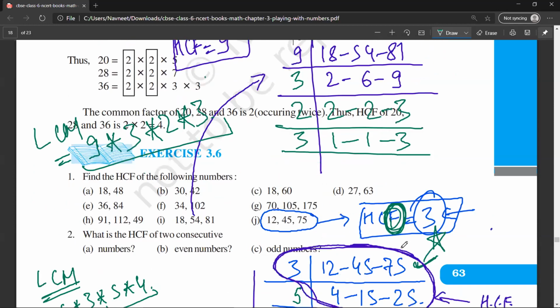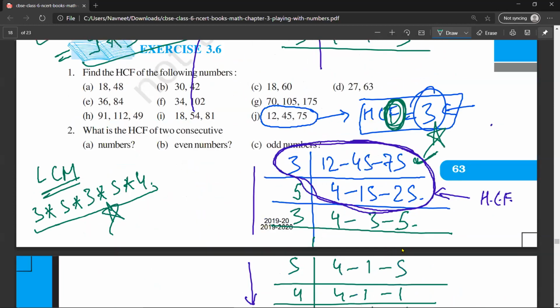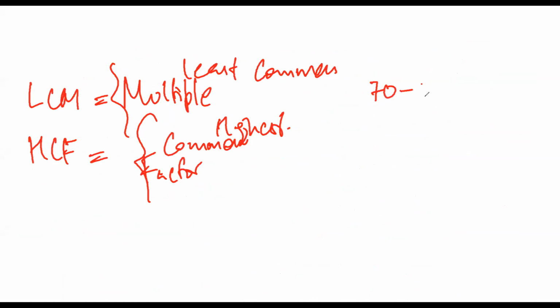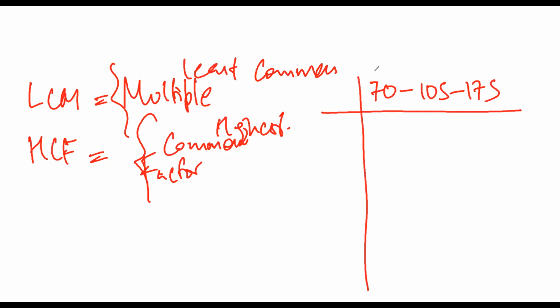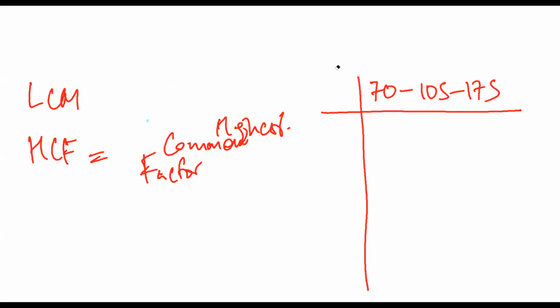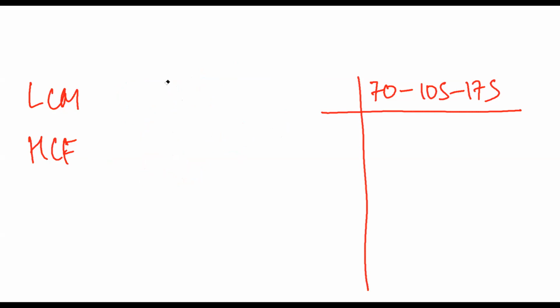Okay. Let us take another example so that we fully understand how to do these sums. 70, 105 and 175. Let us say that we want to find the HCF, highest common factor. So what is the first number I should divide this with?